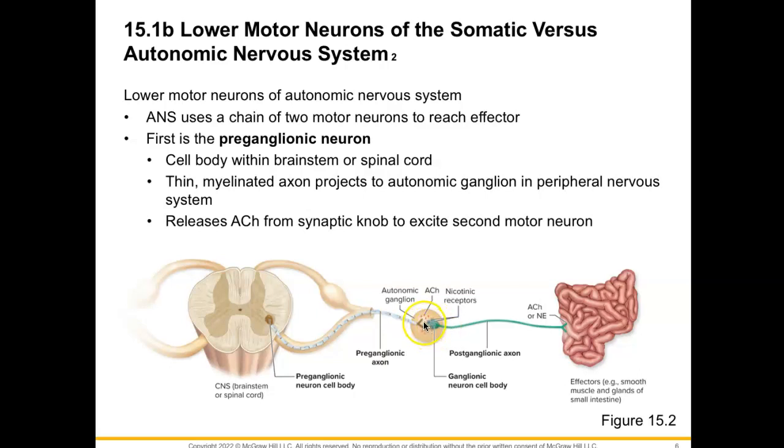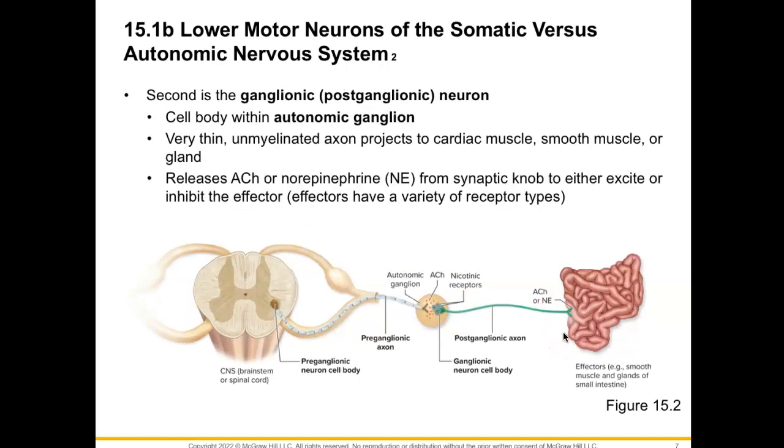So you could see here that these neurotransmitters are moving over to, in this illustration, nicotinic receptors, and that is going to excite this postganglionic axon, or sometimes it's called the ganglionic neuron, which will head over to its target organ. So here's more information on that second neuron. The cell body is found within the autonomic ganglion here.